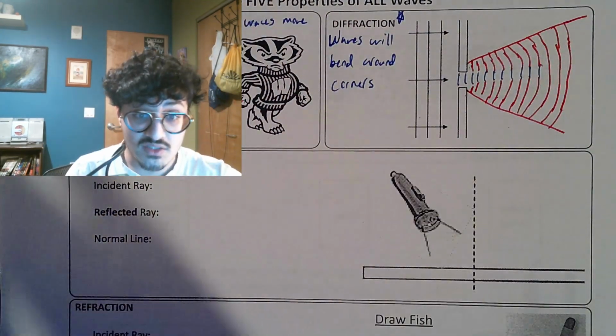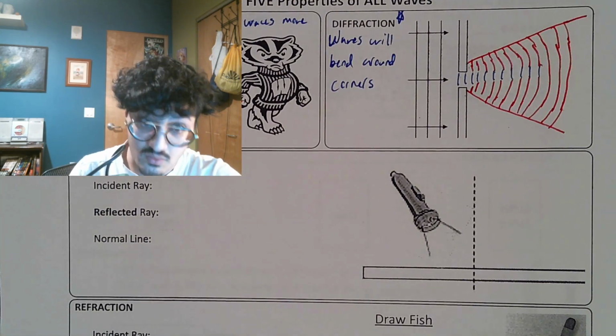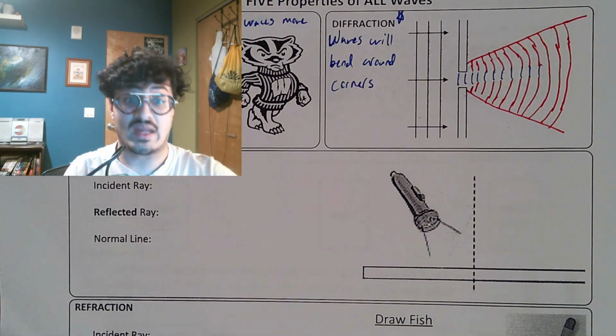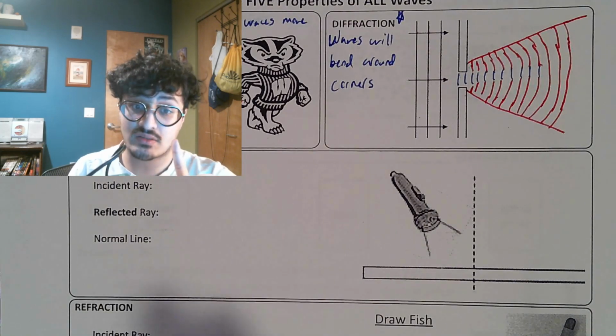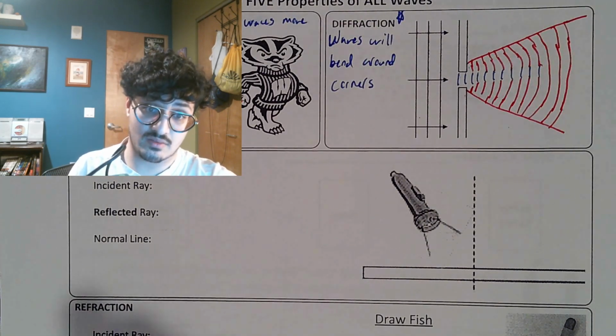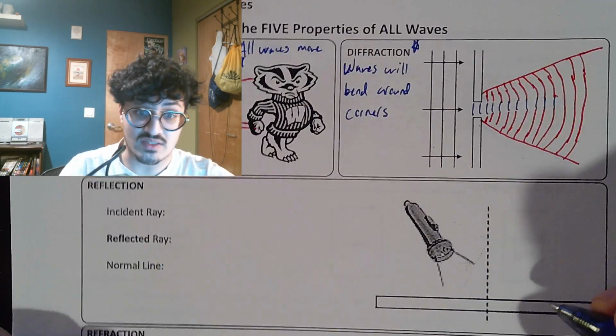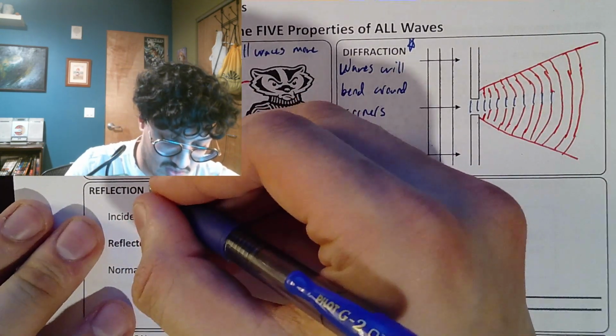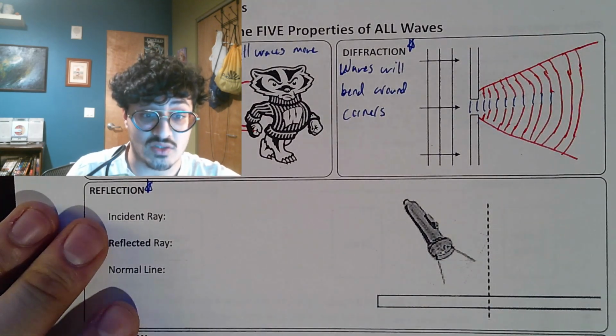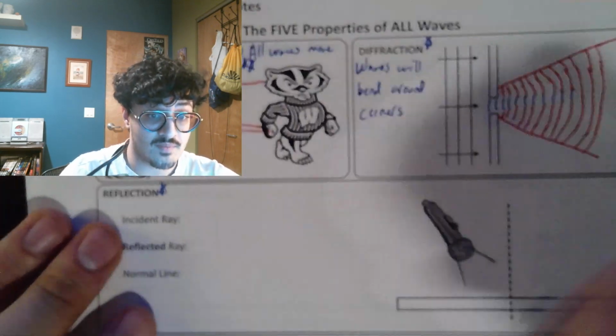So that's the first reason why any wave might not travel in a straight line. Let's go to the second. The second reason that light will not travel in a straight line, the second little asterisk, is reflection.